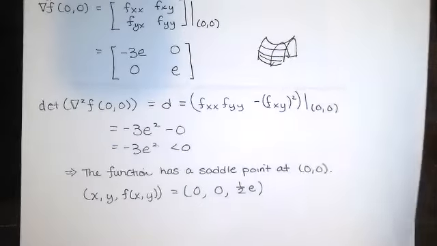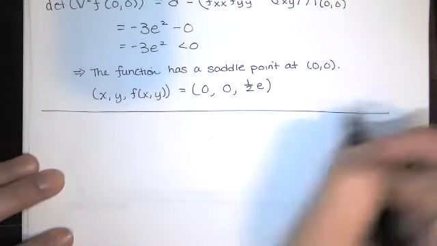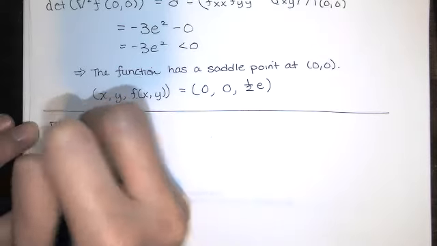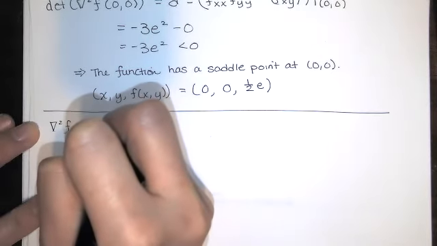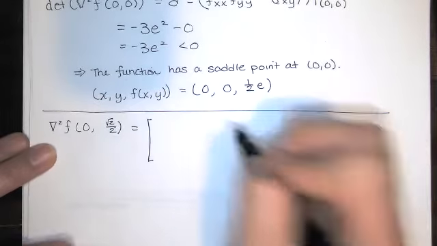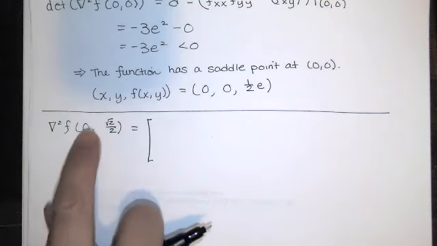Okay, so let's see what we get at the critical point 0 and square root of 2 over 2. So I want those 4 second partial derivatives evaluated at x equals 0, y equals this.